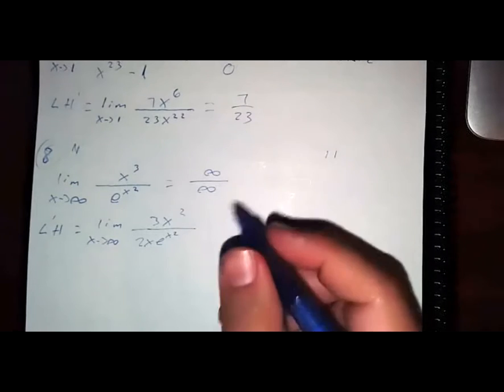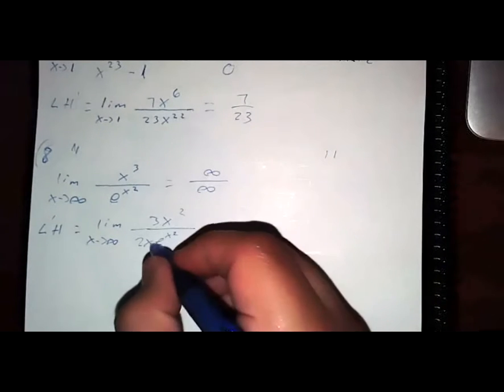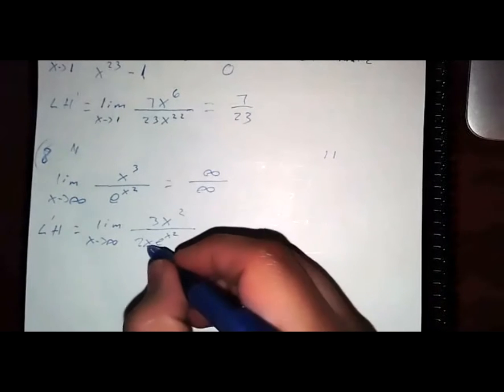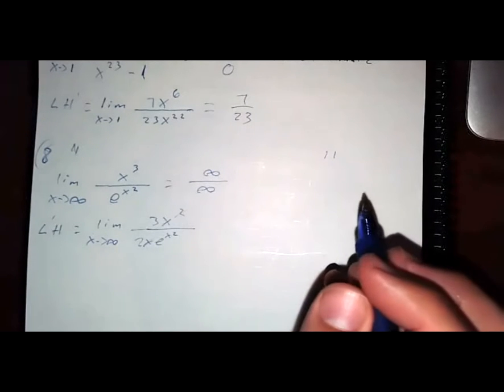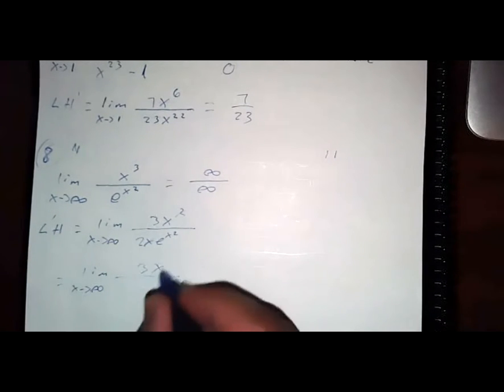So that will cancel one of the x's. So now I have the limit as x approaches infinity of 3x over 2e to the x squared.